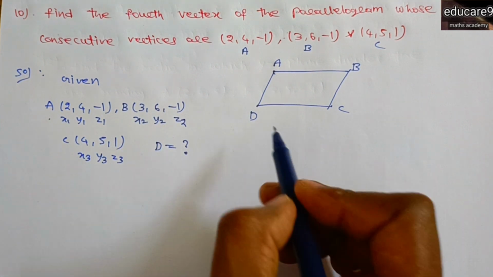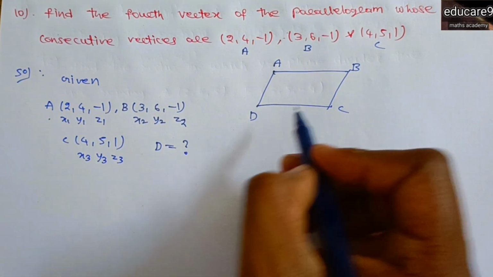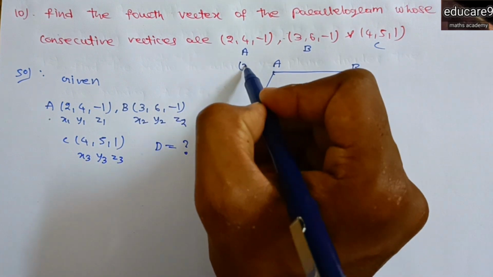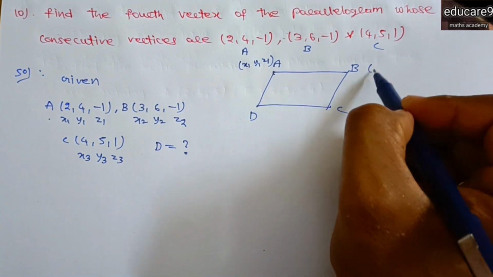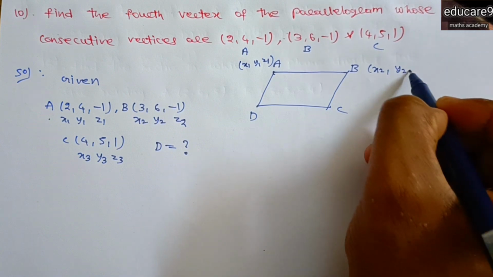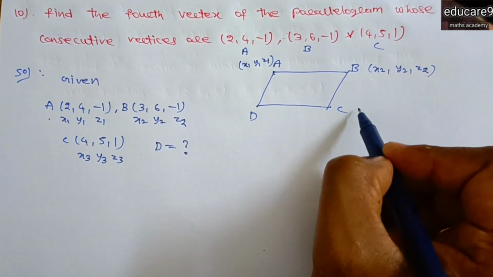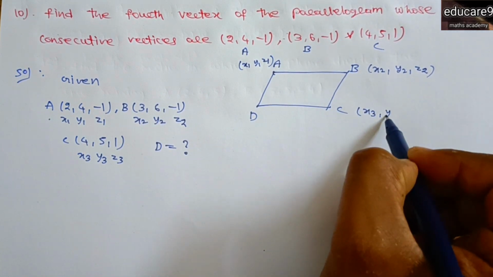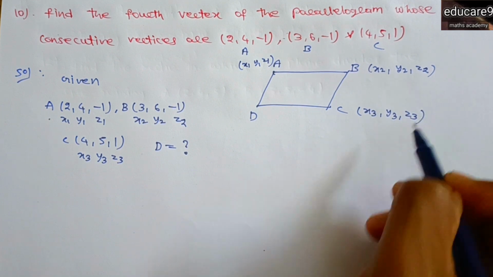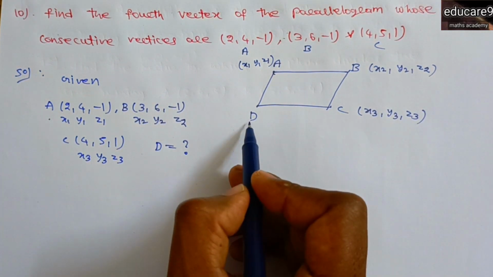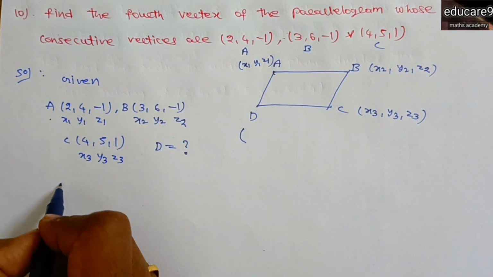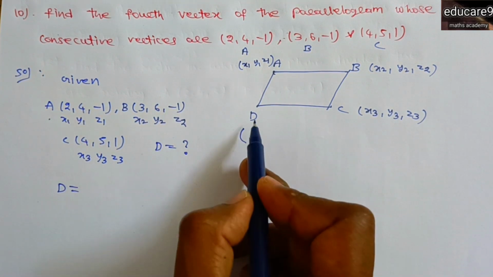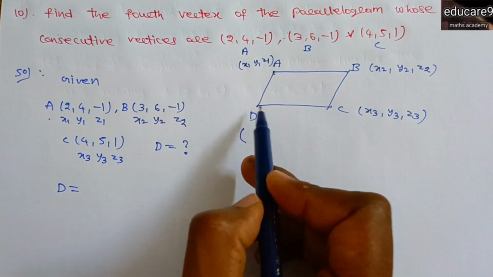So once you observe, point A is (x1, y1, z1), point B is (x2, y2, z2), and point C is (x3, y3, z3). For finding the vertex D, there is a formula. D is connected to which vertices?